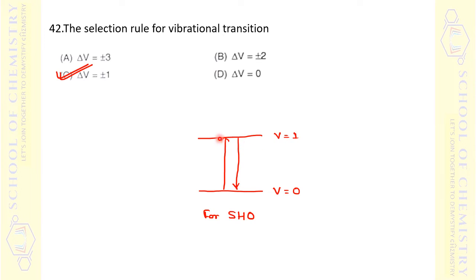Or you can come back from level 1 to the ground vibrational level. This movement is called fundamental transition or fundamental vibration. For simple harmonic oscillator, the selection rule is delta V is equal to plus or minus 1.